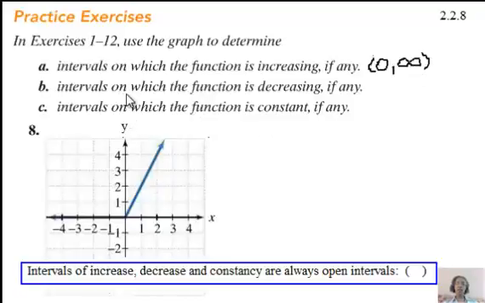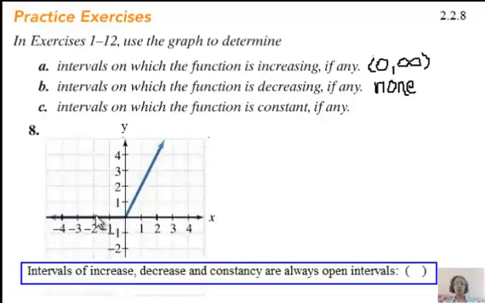We're now asked to find the intervals on which the function is decreasing, if there are any, and we see that there are none. If a function is decreasing as we move from left to right, then at a point on the function, if we move to the right, we'll have to go down to return to the function.